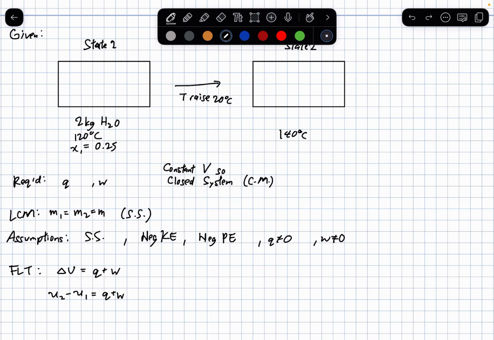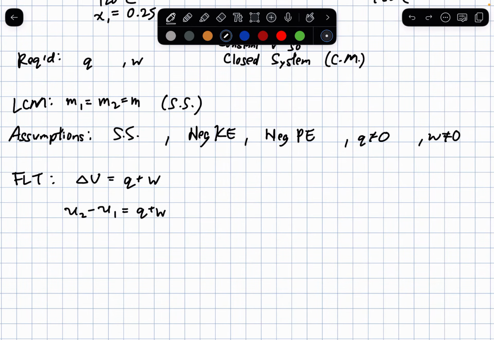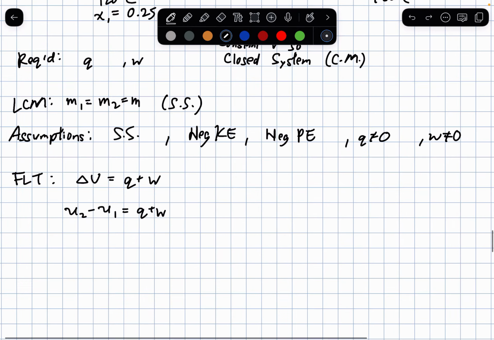We don't have an assumption that the process is reversible. I think if we assume gas ideal, then I think the entropy balance is going to be needed.